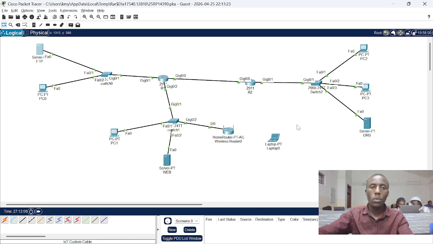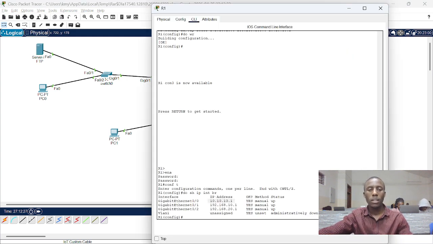In this activity we have to configure routers, Router 1 and Router 2, so that this side of the router can communicate to this side of the second router. What I was supposed to do was to configure default gateways on both routers, gig 0/0, gig 0/1, and gig 0/2, by showing the delay of the router.